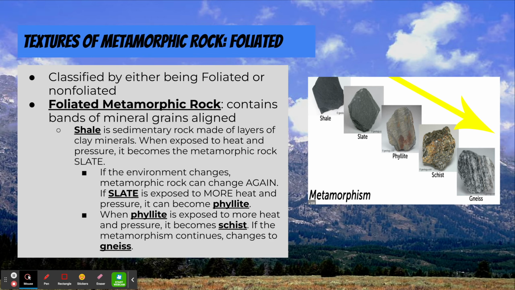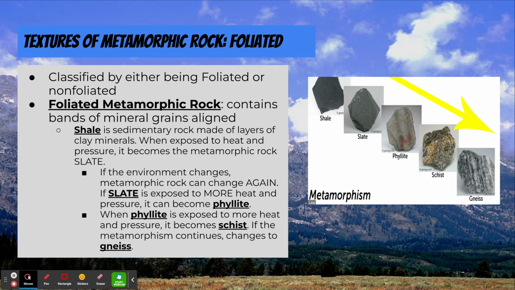Shale is a sedimentary rock. If you look at the diagram on the right, the very first rock pictured at the upper right is shale, and that's a sedimentary rock. It's made of layers of clay, so it's got the strata from sedimentary. But when it's exposed to heat and pressure, it becomes the metamorphic rock slate. All right, however, it's not done yet.